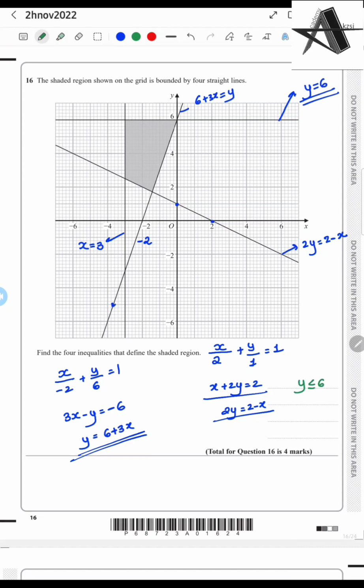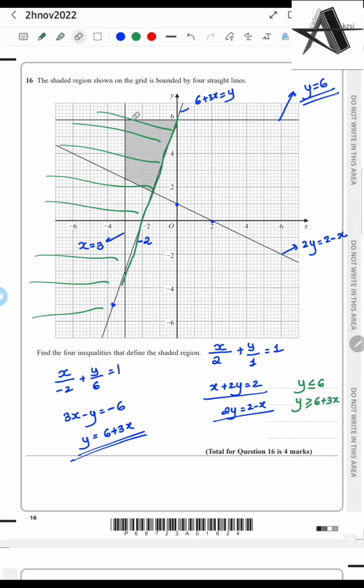For the second one, for this line, the shaded region is on the left hand side. So definitely the inequality will be on the left hand side. Left hand side represents that y is greater than, it's positive. So you can say y is greater than or equal to 6 plus 3x. Now for x equals 3, the shaded region is on the right hand side.